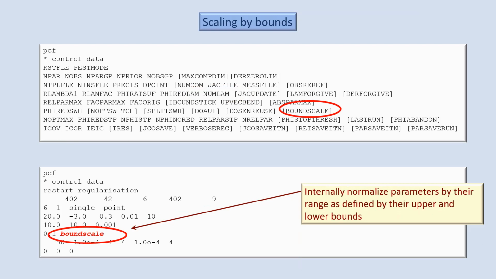And finally, let me draw your attention to this bound scale control variable. In theory, the mathematics used by PEST to improve parameters leads to a minimum error variance solution of the inverse problem if parameters are all scaled by their innate variability.